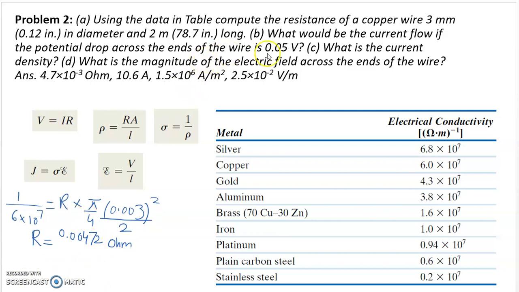And in part B we have to find the current flow if the potential drop across the ends of the wire is 0.05 volt. So I can apply this equation. Let me write it over here. 0.05 volt is equal to current times the resistance, which is 0.00472.